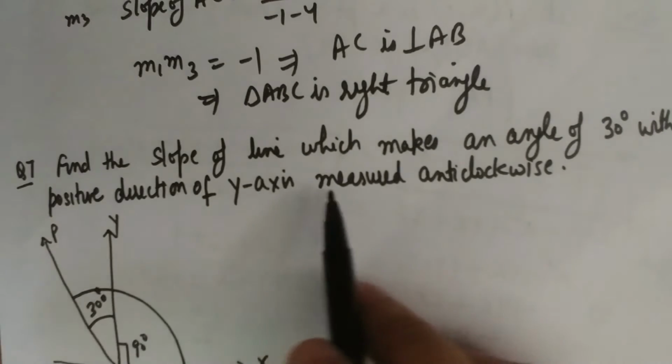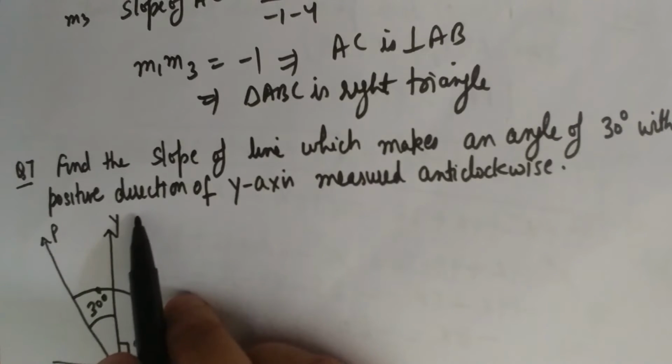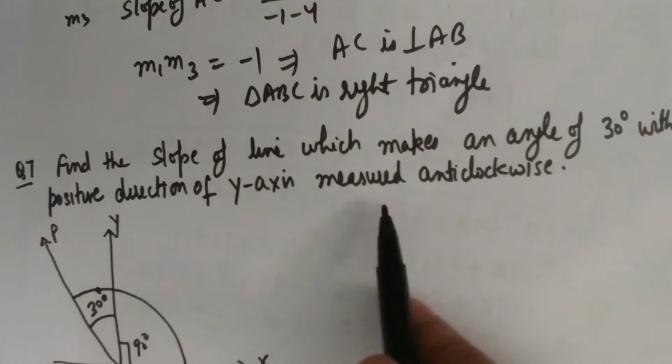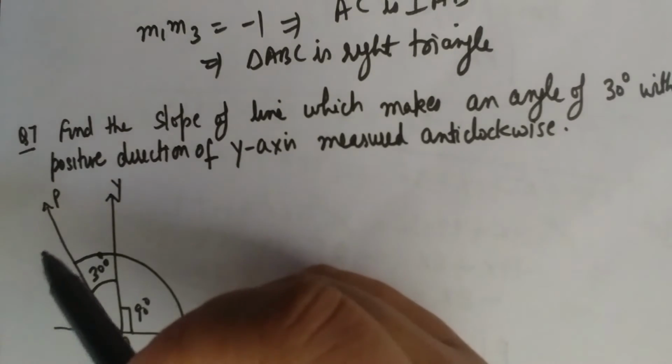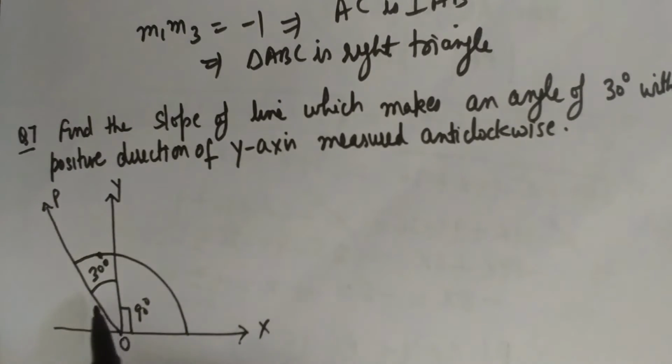Question number 7 is: find the slope of the line which makes an angle of 30 degrees with the positive direction of the y-axis, measured anti-clockwise. So let us see this figure, right? This is a line which is making an angle of 30 degrees with the positive direction of the y-axis. But for slope I need the angle which it makes with the positive direction of the x-axis.